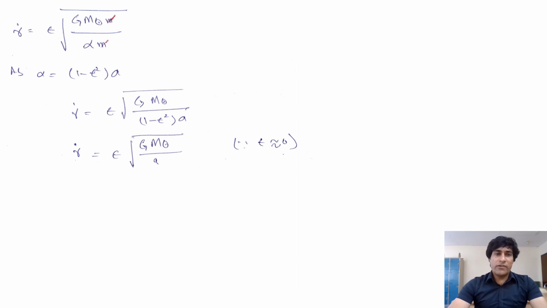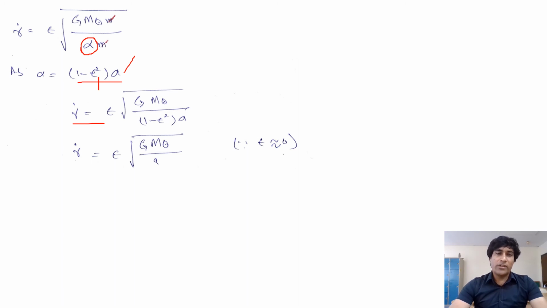As we know, alpha is equal to 1 minus epsilon square into a, so we replace this alpha with this value. This is the eccentricity and this is the semi-major axis. After simplification, we get r dot equal to epsilon square root of capital G capital M divided by 1 minus e square into a.